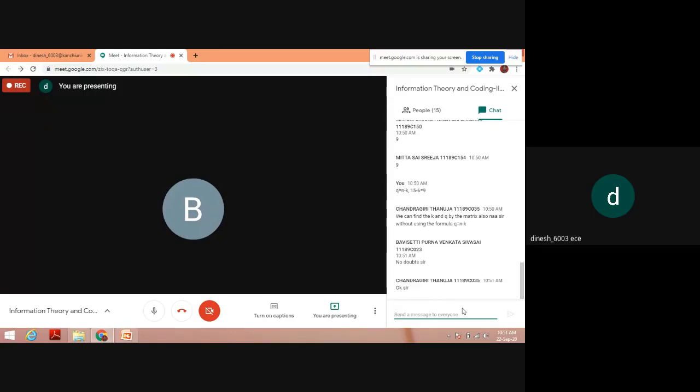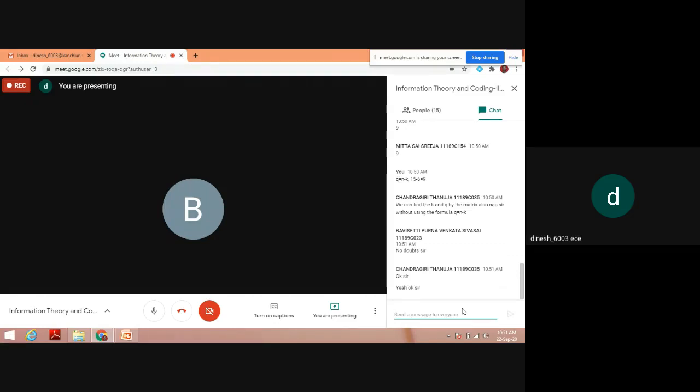We can use this method also, Tanuja, as you said. k and q are given by the matrix. Using the formula q is equal to n minus k, we can find it easily. This should be n, Tanuja, k and n by the matrix. By that also we can find. Okay, so shall we proceed?